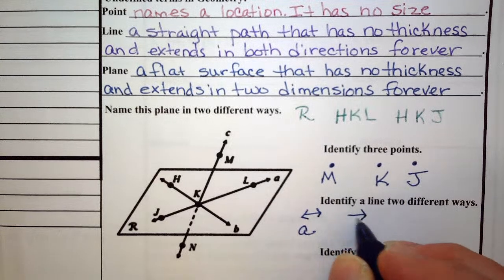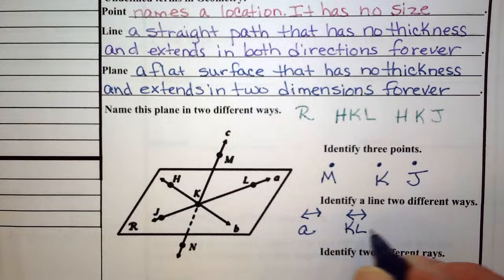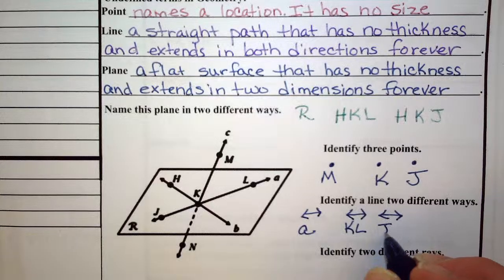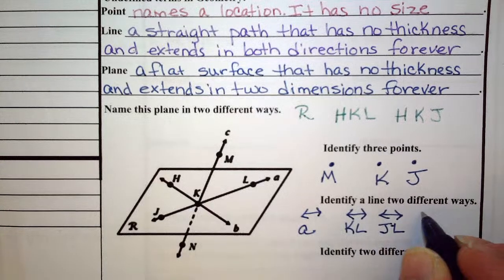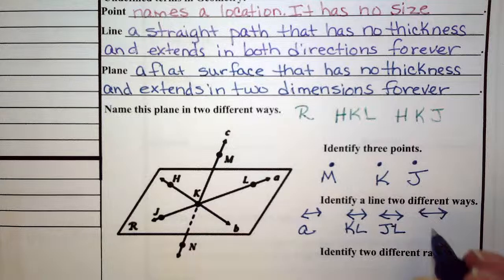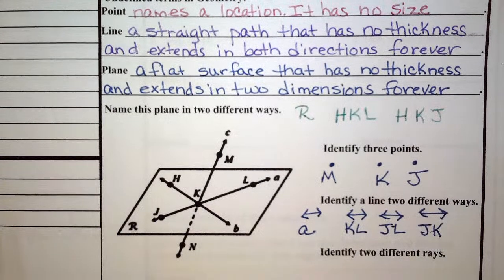So I could use KL. I could use JL. Or I could use JK. All of those name the same line.